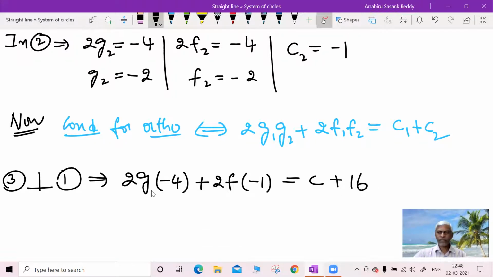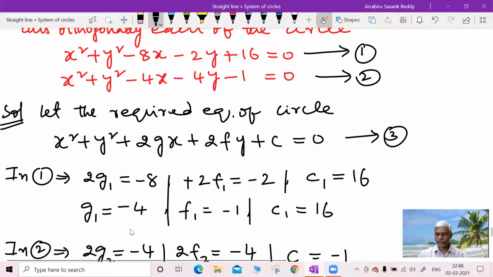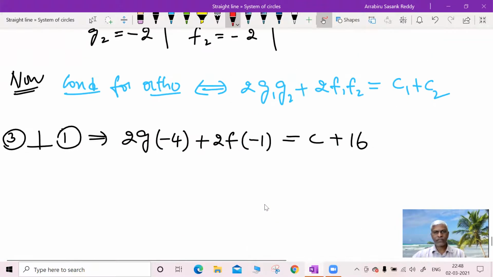Here we are comparing circles 3 and 1. In the third one, it is g, f, c, and in the first one, g1, f1, c1. So substituting these values into the condition, we get one equation.